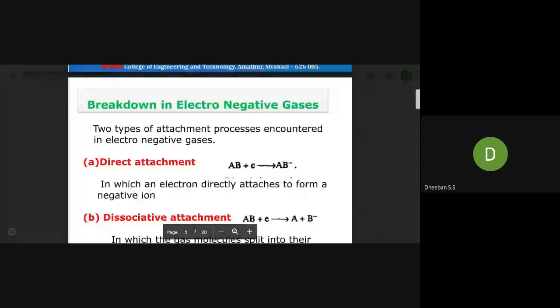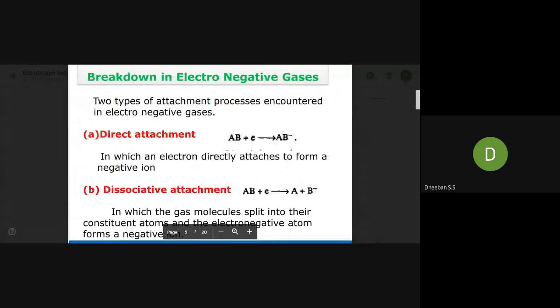The breakdown with respect to an electronegative gas is also of two types. One is by direct attachment and another one is by the dissociative method. In the previous slide, we saw a single atom bombarded by an electron to form separate ions. That comes under dissociative attachment.